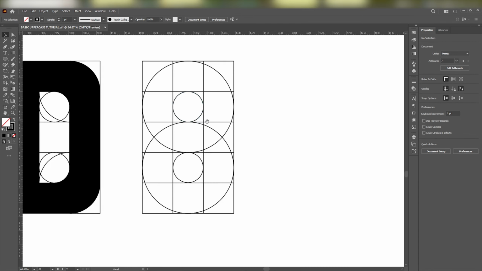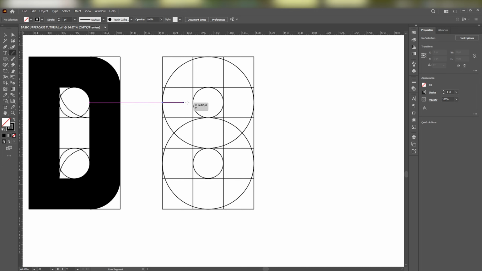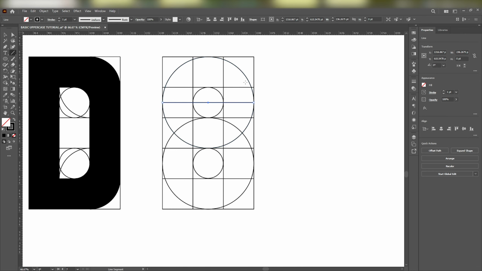So quickly, let's get down to the letter S. The letter S is not complex. Though it's scary, it's not complex. All you need to do is divide these two lines in halves. You understand? In equal halves.